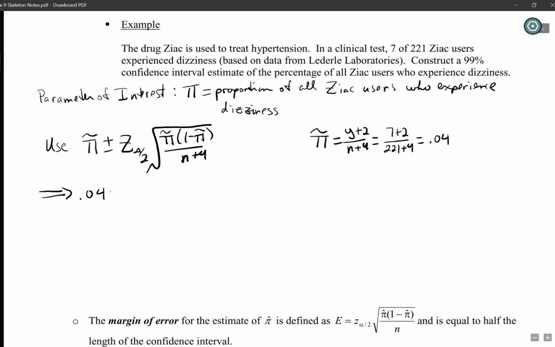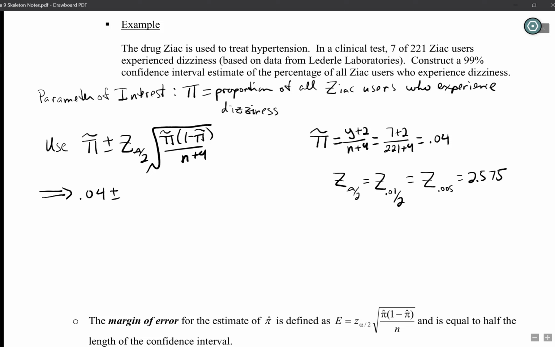And so I've got 0.04 plus or minus the z value. I'll let you look this up in your normal distribution table, but if you look up z sub 0.01 divided by 2, again we have a 99% confidence level, z sub alpha over 2, or ultimately z sub 0.005, that's 2.575.